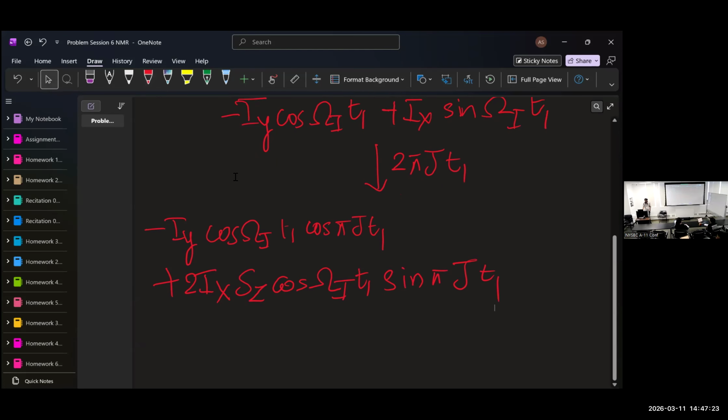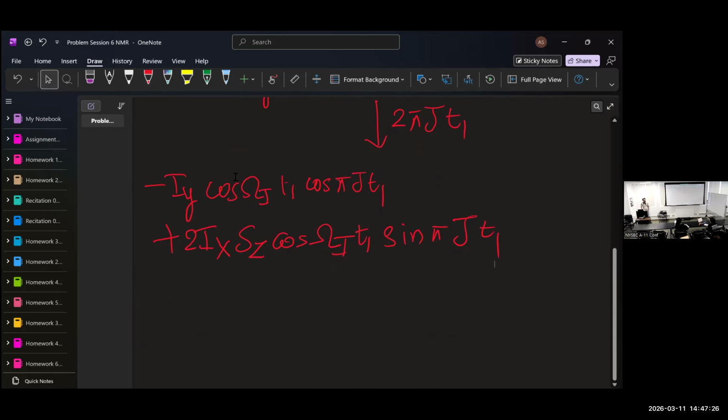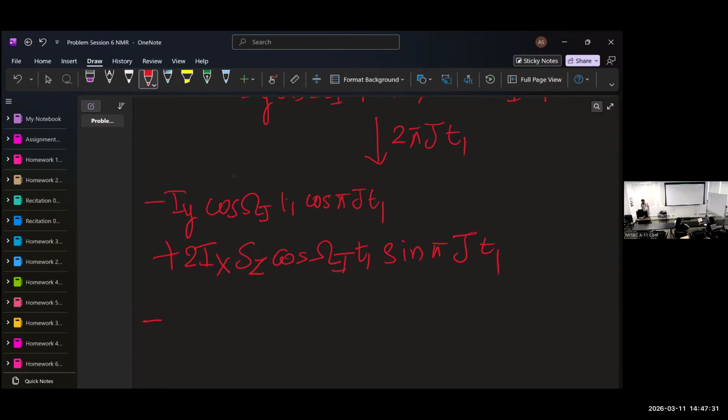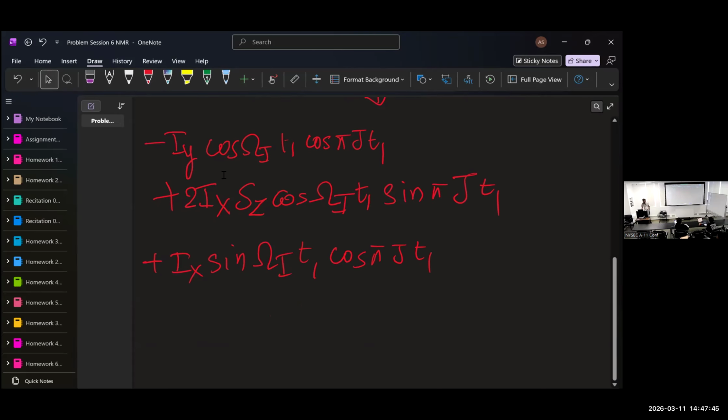Then plus Ix, sin chemical shift, cos J coupling, and 2IySz, sin chemical shift, sin J coupling.